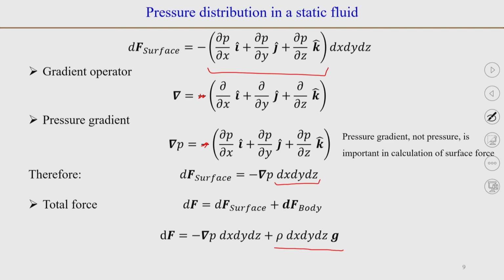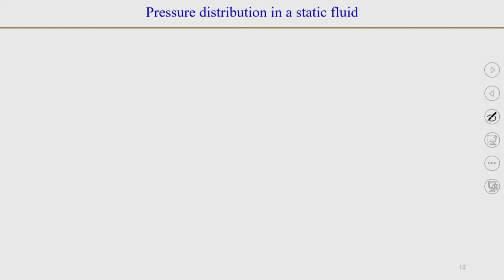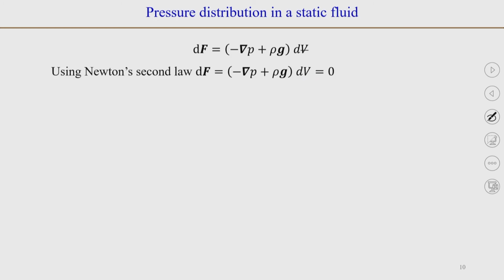So, this is the body force, and as we saw just above, the surface force is minus gradient of p dx dy dz. So, the total force, if we take dx dy dz out, will be minus del p plus rho g, or we can replace dx dy dz by the volume of this fluid element.